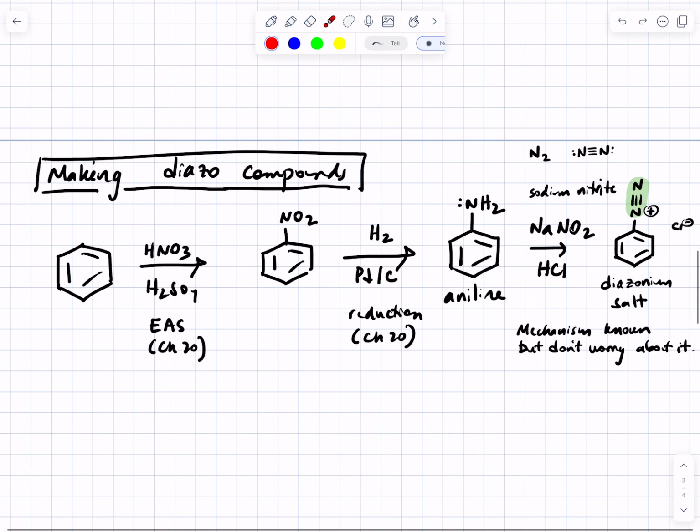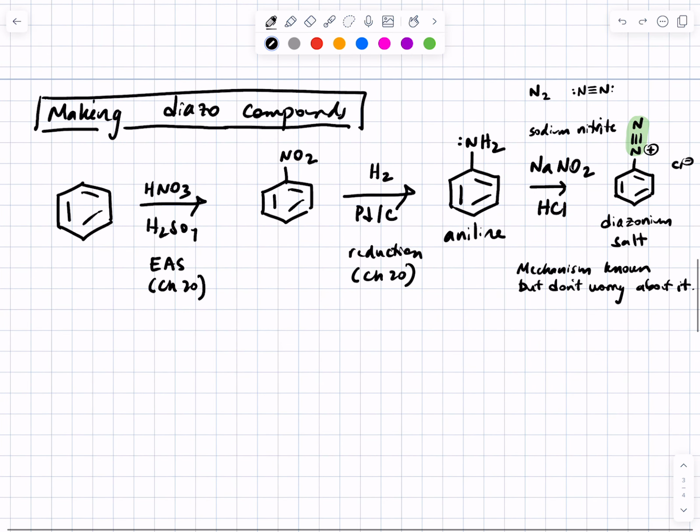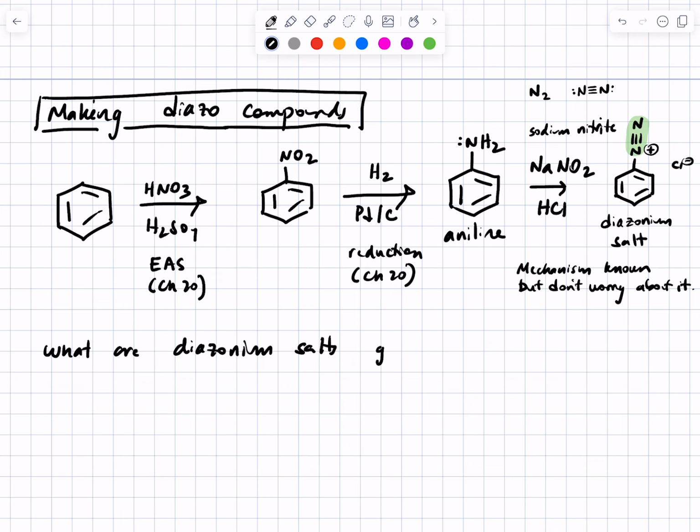It turns out that diazonium salts are good for two different things. They're reasonably shelf stable, or, well, is that true? I don't know. They're good for a couple of things. One is what we're going to call a nucleophilic aromatic substitution reaction.